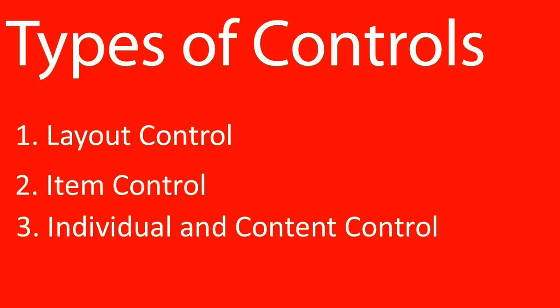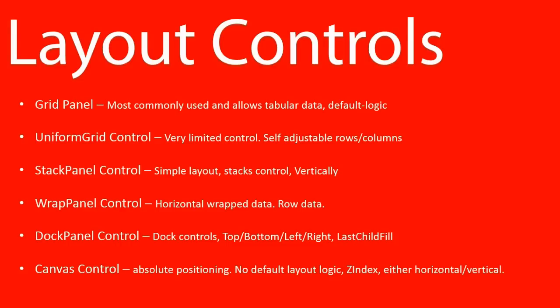They contain multiple child nodes, like the list view and all that kind of controls. The third is the individual and content controls. These are the controls which have some individual purpose of their own. They do some specific things, like the text block control shows some text and all that kind of stuff.